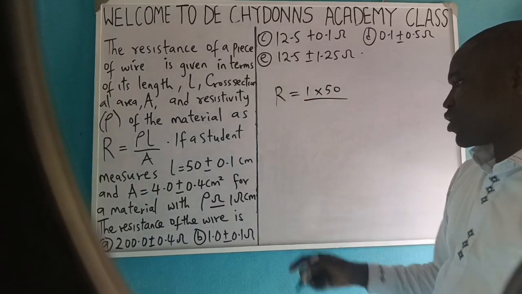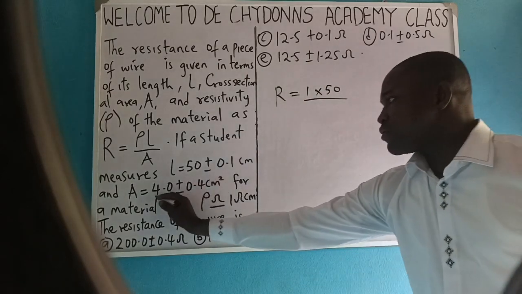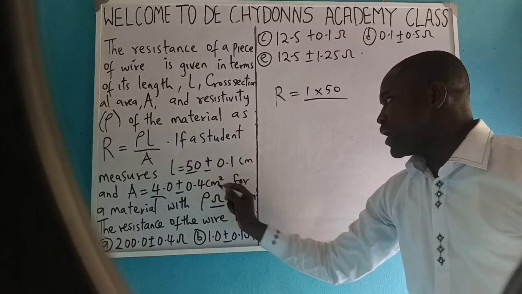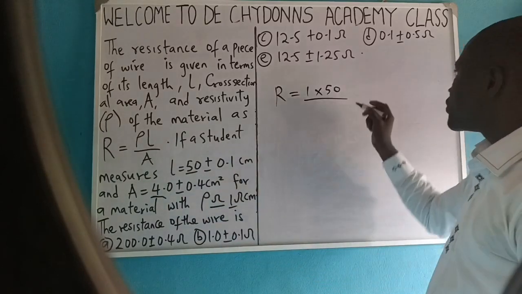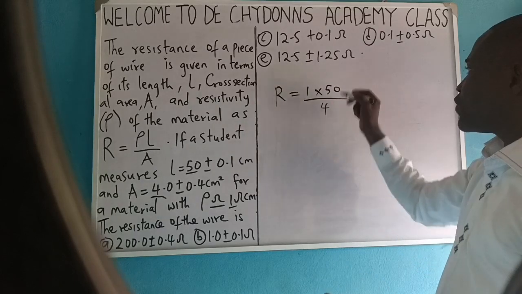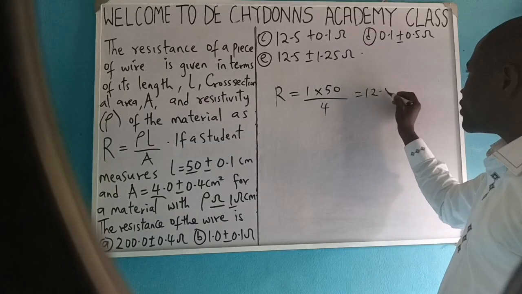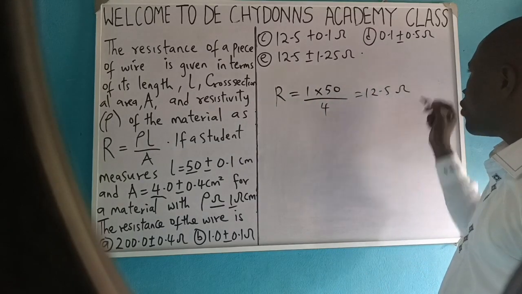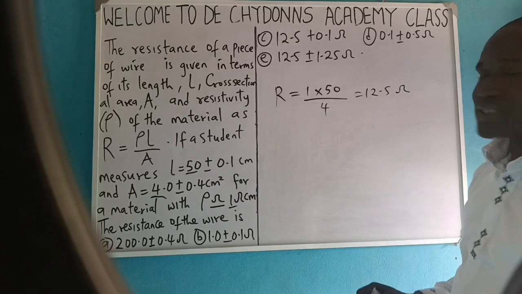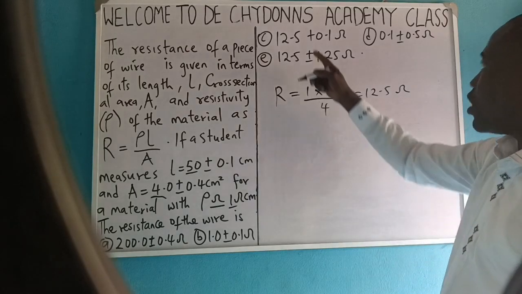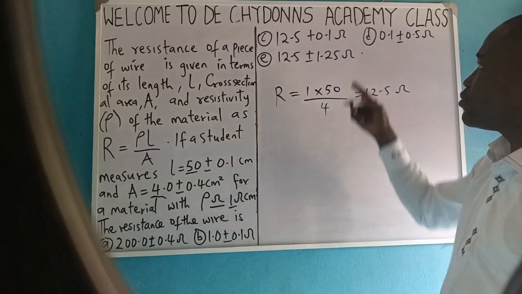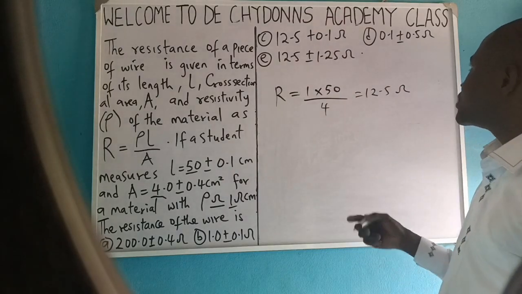All over, what is your A? 4. This is your A, this is your L, and this is your R. So 50 over 4 will give you 12.5 ohm. That is what it means. So the options that go with 12.5, which are option C and E, are what we will be looking at.